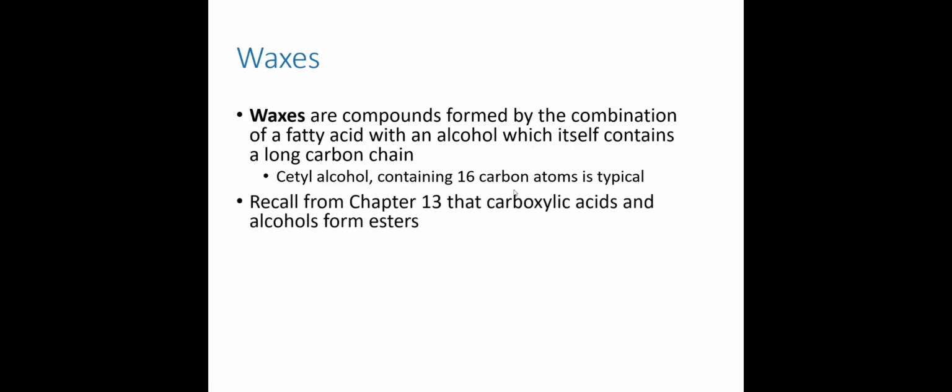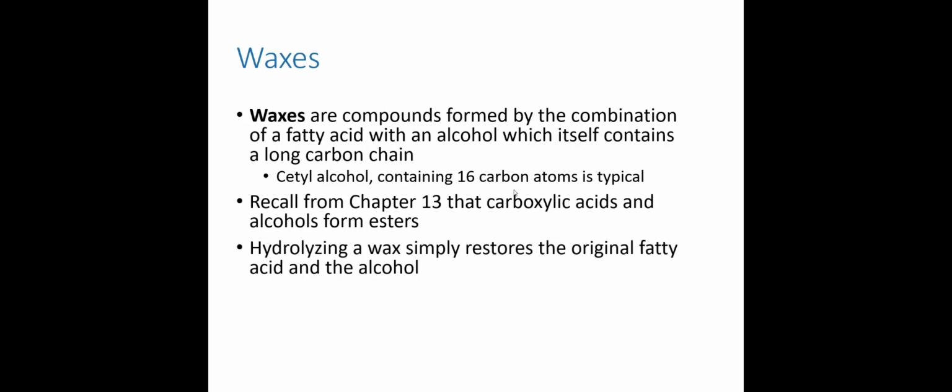Now, you've already learned that carboxylic acids will combine with alcohols and form esters as well as water. So this formation of waxes isn't anything new, really. It's just that we're using carbon chains that are especially long. If we hydrolyze a wax, all that does is give us back the starting fatty acid and the alcohol.